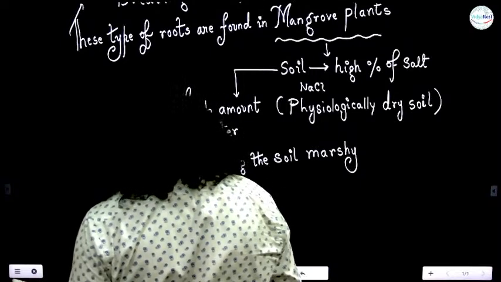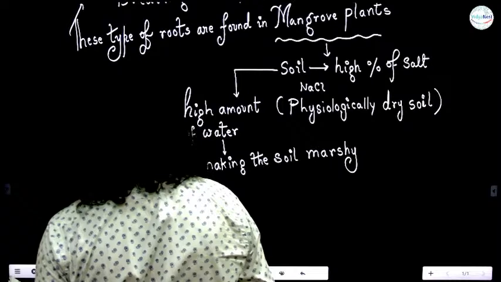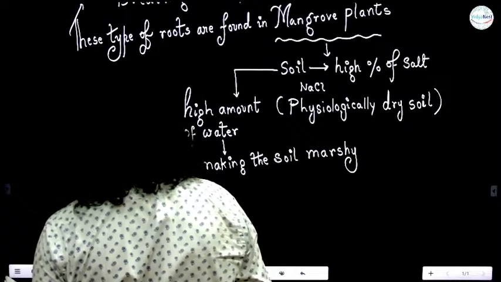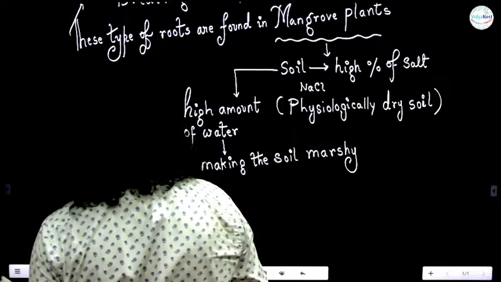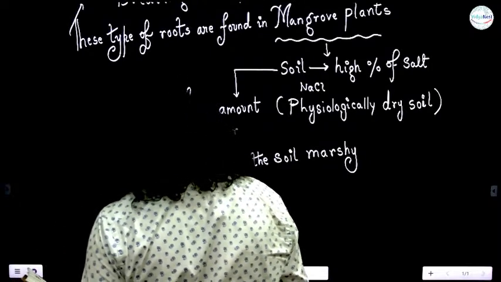Almost, we can say that the water content of the soil is very high, and due to the high water content, there is almost an anaerobic condition in the soil.